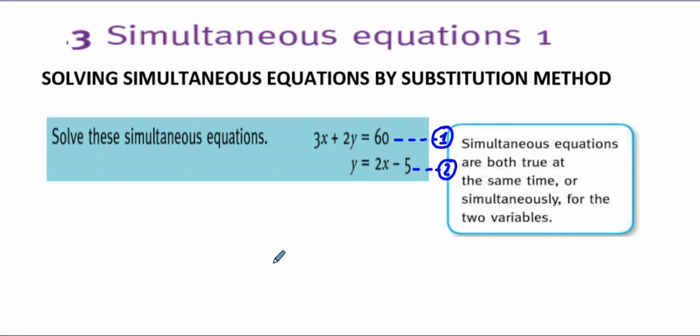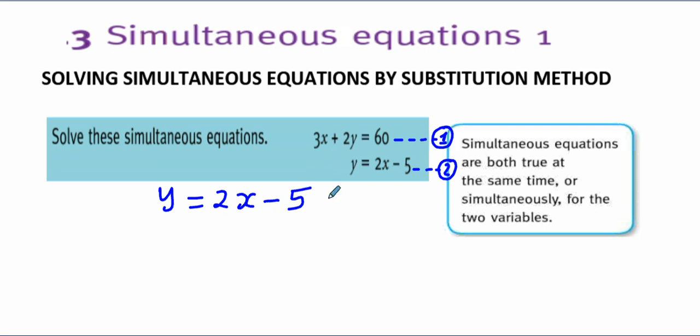Okay. Now, from these two equations, I examine them and check which equation has got the letter the subject. In that case, equation number 2 has the letter y made the subject. Now the question is, what if among these two equations there is no equation which has a letter the subject?